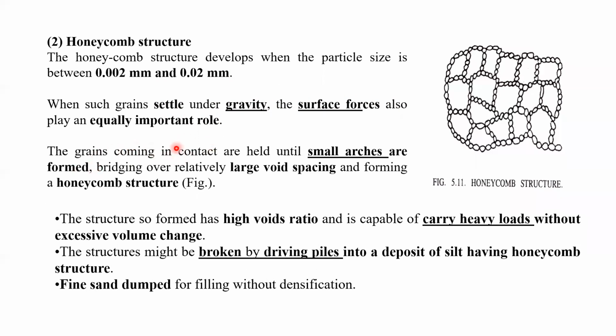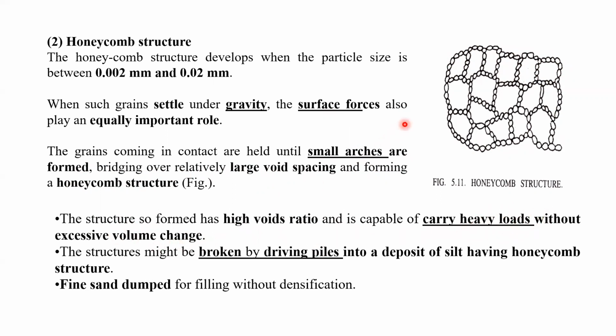The grains coming in contact are held until small arches are formed, bridging over relatively large void spacing and forming a honeycomb structure. The formation is just like an arc below the ground level.